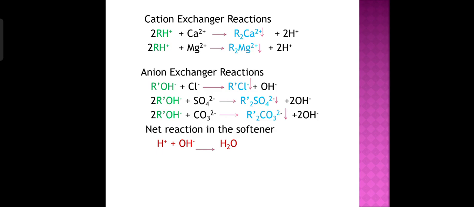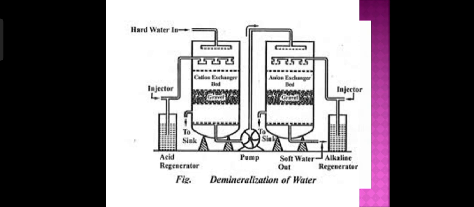ions. So these two reactions will be occurring in the cation exchanger bed, and the precipitates formed will stay on the cation exchanger, and the water will be free from the cationic impurities and will contain H plus ions along with the anionic impurities.